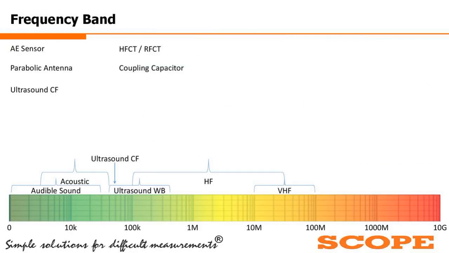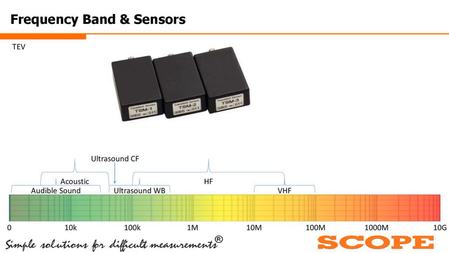Then comes the very high frequency zone, which is generally from 10 megahertz to 100 megahertz, where in the VHF signal zone we can talk about the TEV sensors, transient earth voltage. These TEV sensors are used at the time of PD, if some flash is happening and some voltage is getting transferred from the live zone to the dead zone or the earth zone.